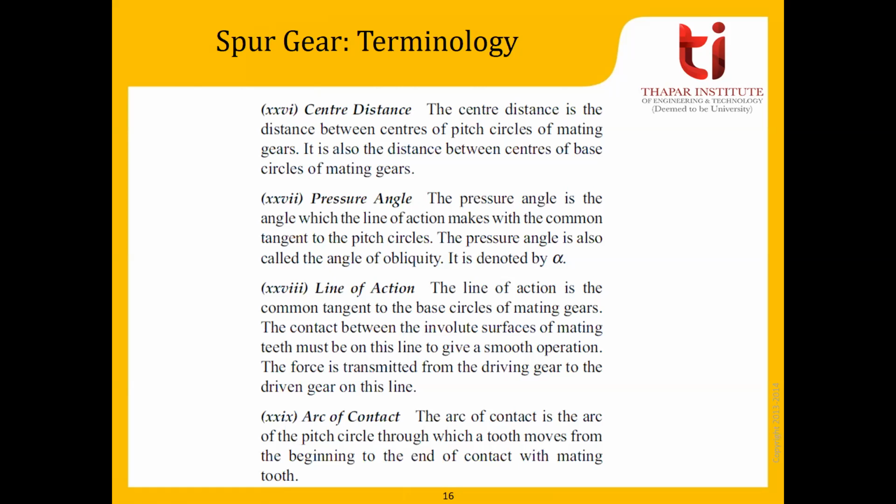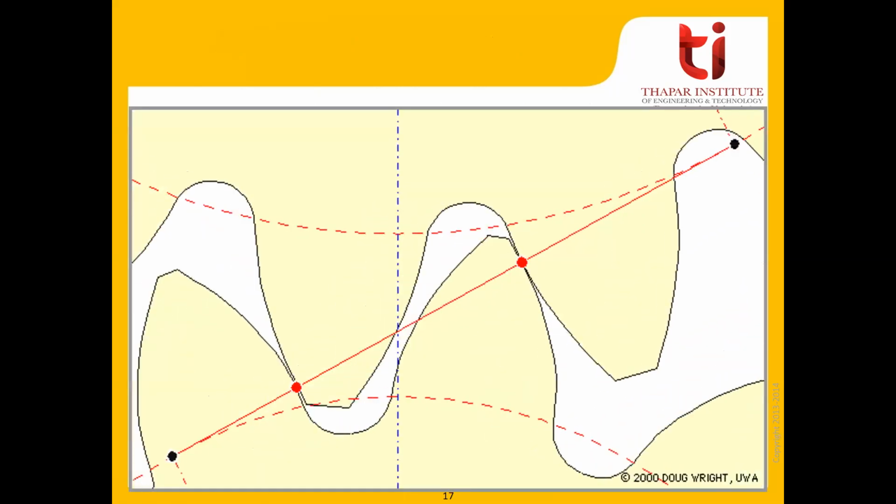The contact between the involute surfaces of mating teeth must be on this line to give a smooth operation. The force is transmitted from driving gear to driven gear on this line. So from this animation, we can understand the line of action.